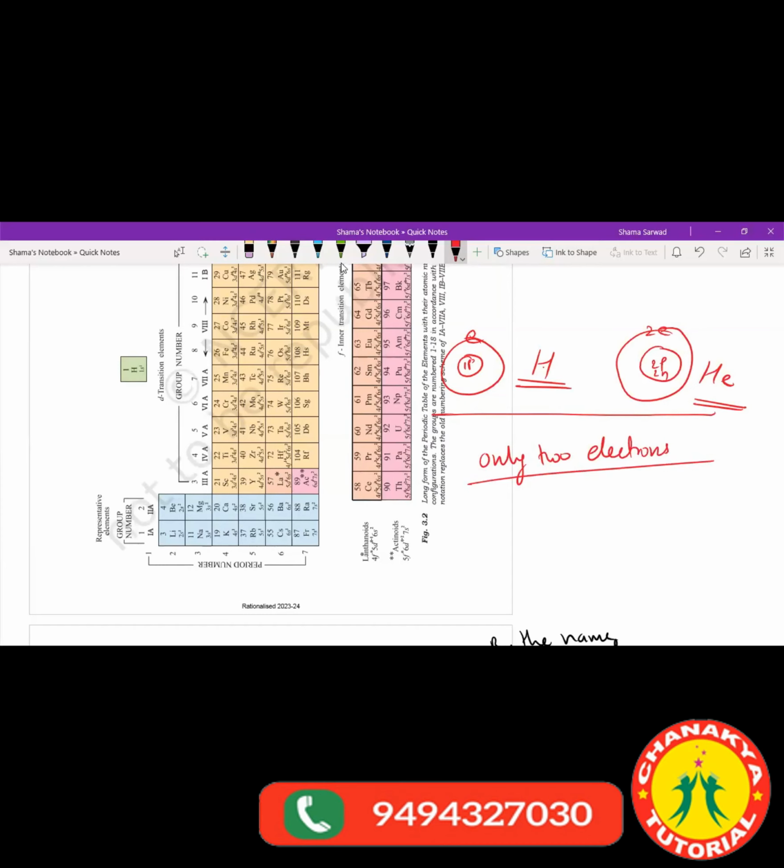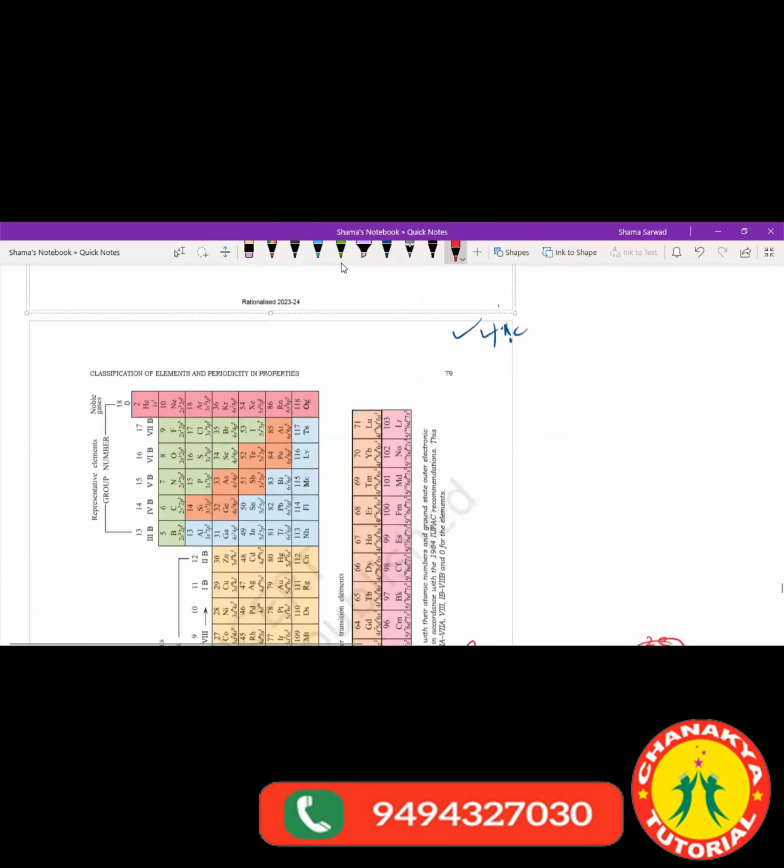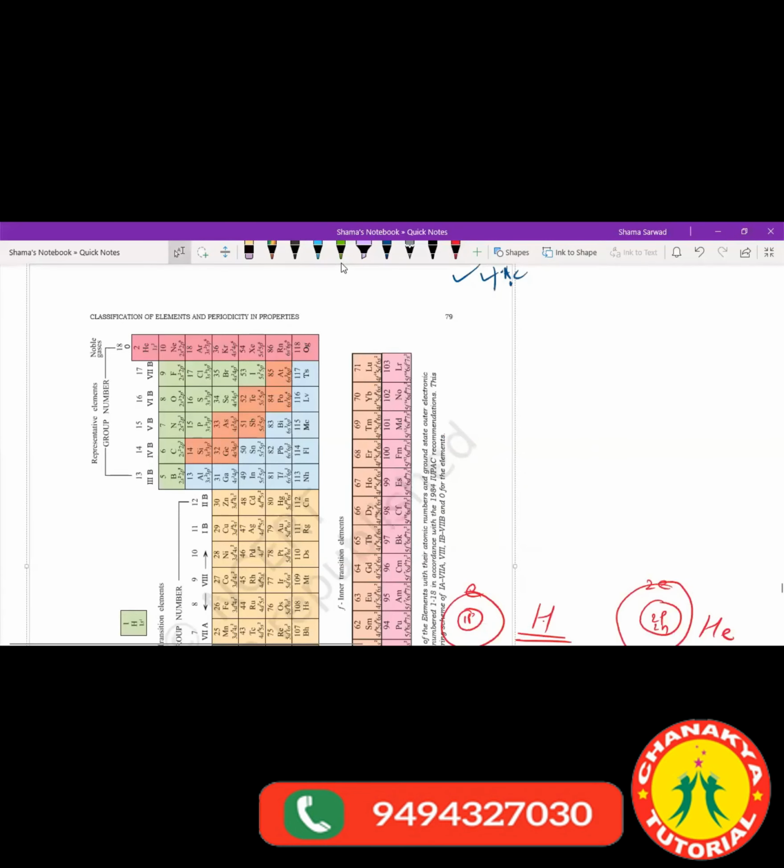Understand? And the same thing happens for the next period, the second period. If you go right, you can check: lithium, beryllium, boron, carbon, nitrogen, oxygen, fluorine, and neon, right? So how many elements are there? 8 elements. And these elements are filled into the second shell, isn't it?